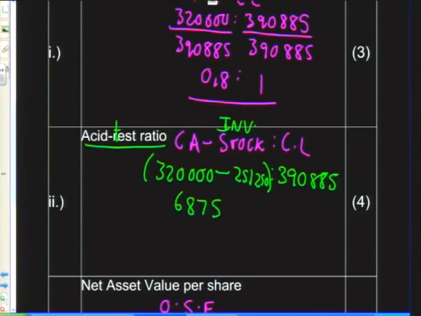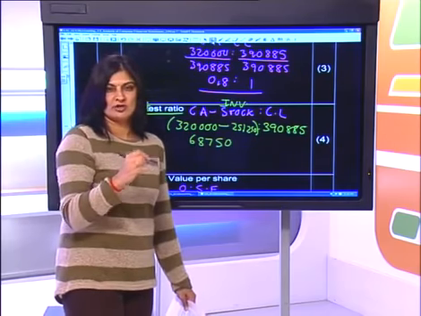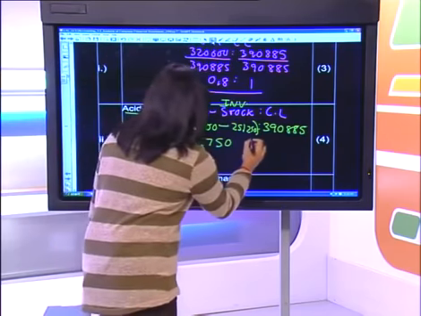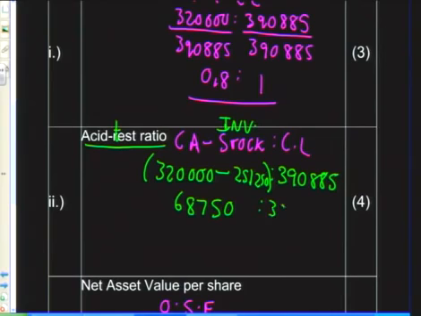Remember, guys, the acid test ratio asks: without your stock, can you still pay your current liabilities? Compared to 390,885. So again, we're going to divide by 390,885. Whatever we do on the left-hand side, we do on the right-hand side as well.